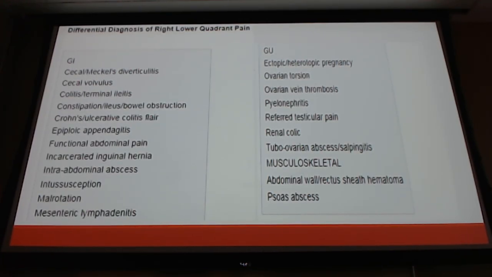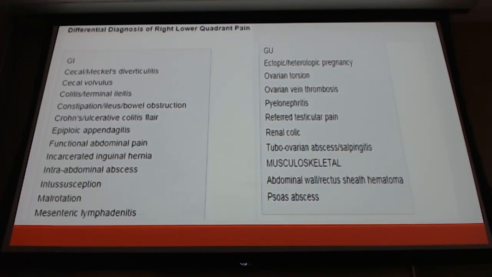Here's a bunch of different things. Look at that, we have 12 different GI causes for right lower quadrant pain, 7 GU, and then we throw in 2 musculoskeletal causes. So just have a wide differential on this. Again, looking at female patients between the ages of 10 and 19, there's huge utility in getting a urinalysis and a pregnancy test to guide this.